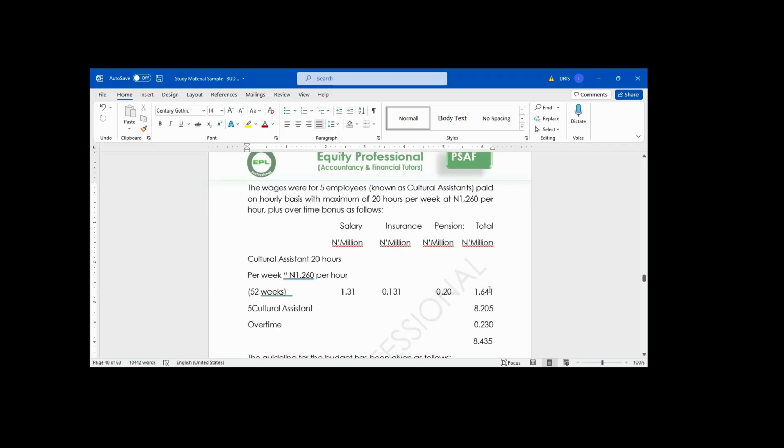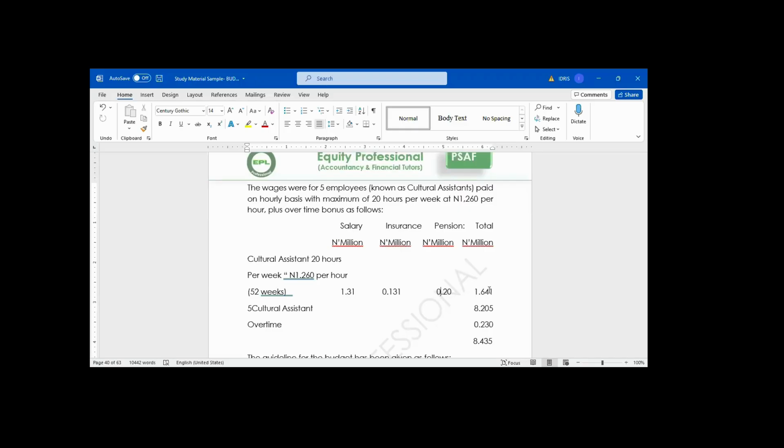For 5, 1.641 times 5 gives you 8.205. Then they add overtime. When they add the overtime, they get 8.432, but they use 8.42 in the question.